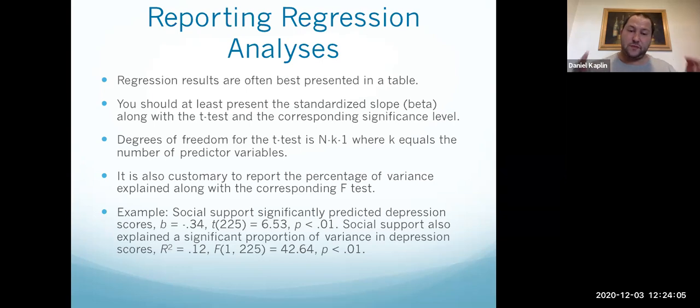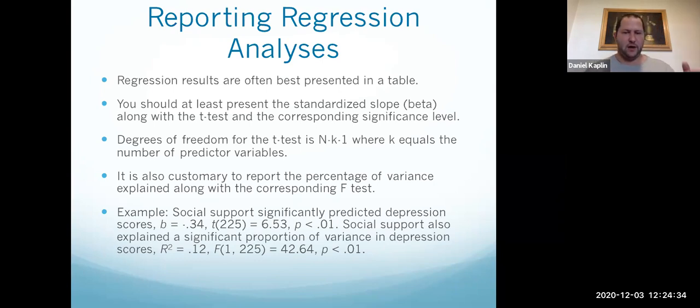Now that we know that social support predicted depression, we want to know how much of depression was explained by social support alone. So for that, we use R square. So for R square, we would say social support also explained a significant proportion of the variance in depression.